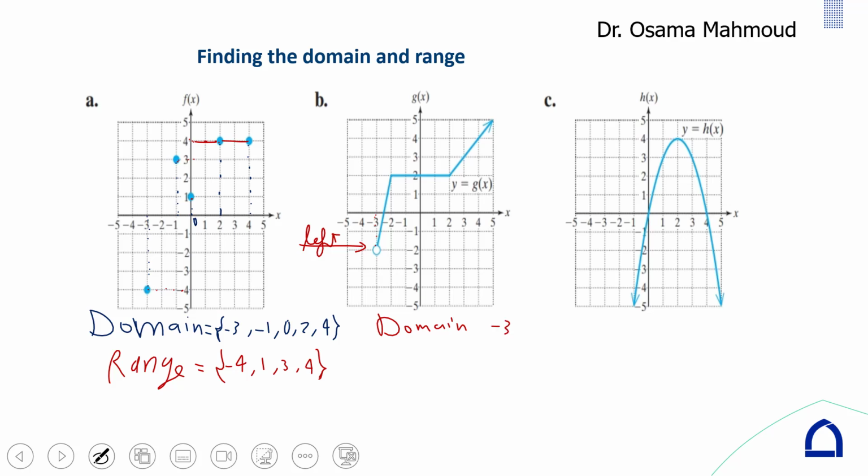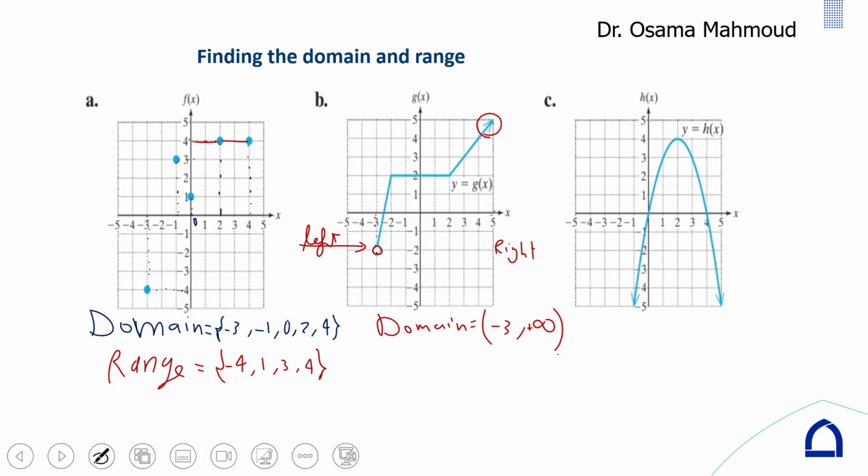Okay, and we carry on to the right, and we check the value here is 5, but we still have an arrow, so it will be extended. So extend to what? The far right is positive infinity, right? Minus 3 has a hole here, so minus 3 is not included, so it is an open interval. And with plus infinity or minus infinity, we also use open, right? This is the domain as interval notation.